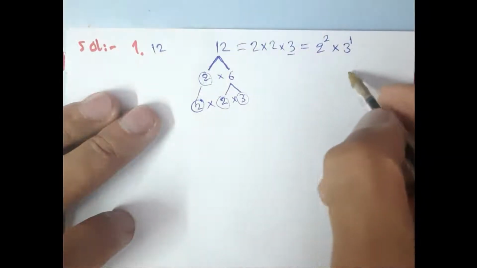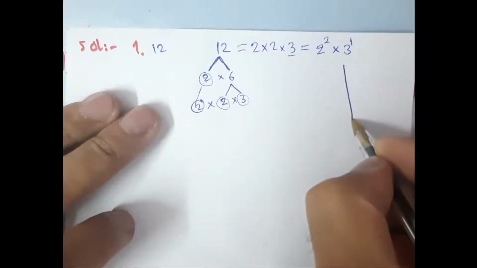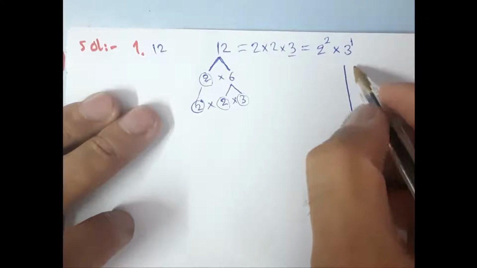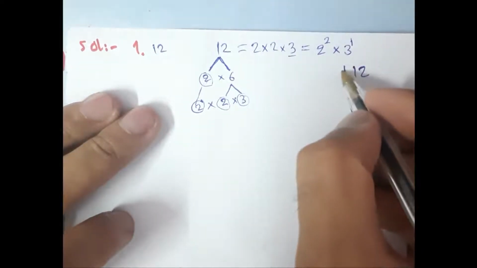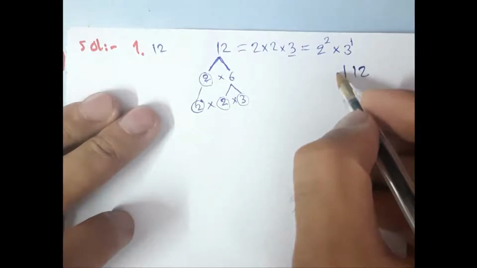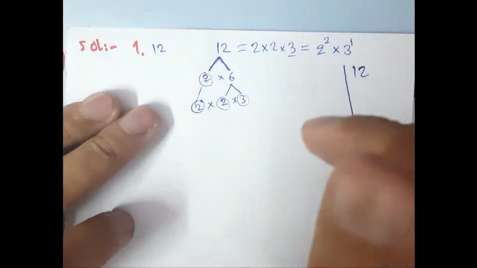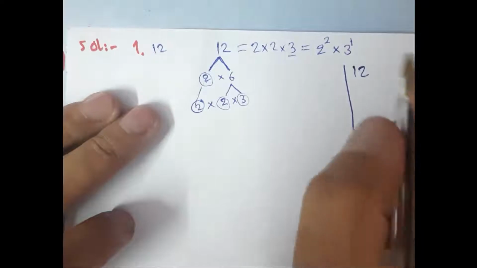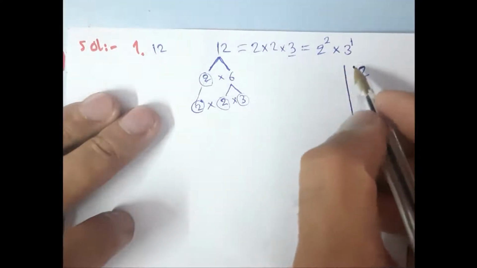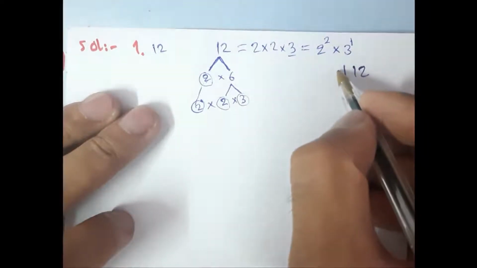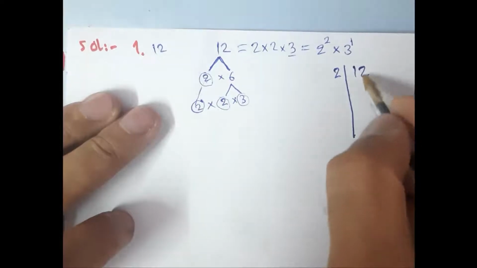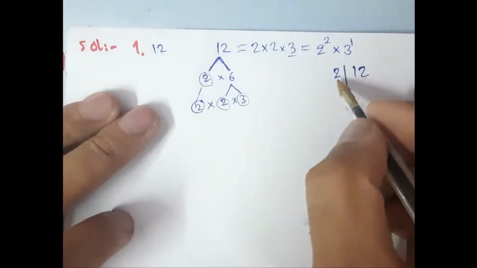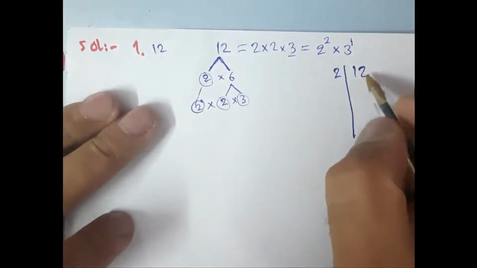Another method: we draw a vertical line, then on the right side we write 12 and on the left side we write the minimum prime number that can divide 12. 2 is the smallest positive prime number which divides 12. 2 is a divisor of 12.